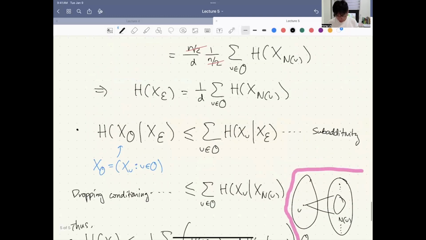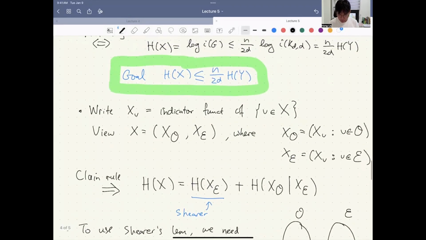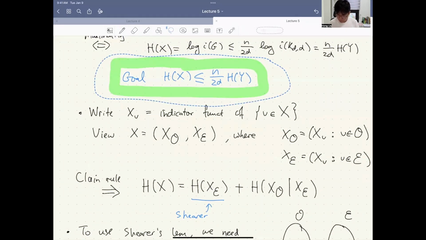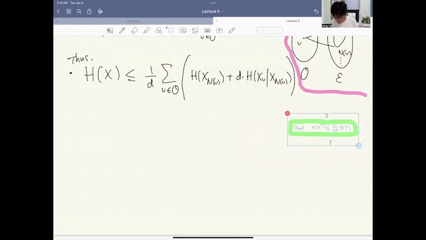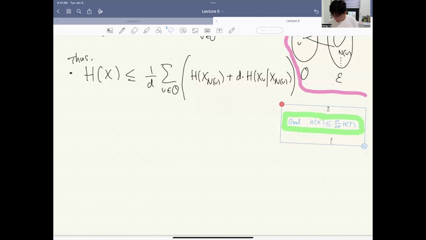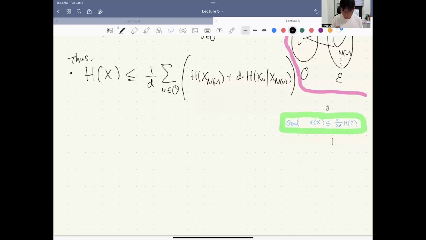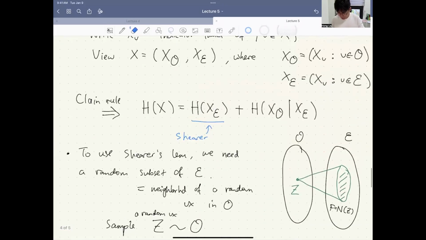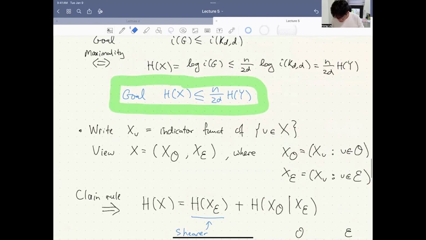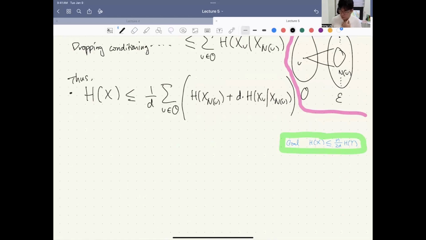The last step is to associate this. Remember our goal: H of X is at most N over 2D times H of Y, where Y is a uniformly chosen independent set from K_{D,D}.